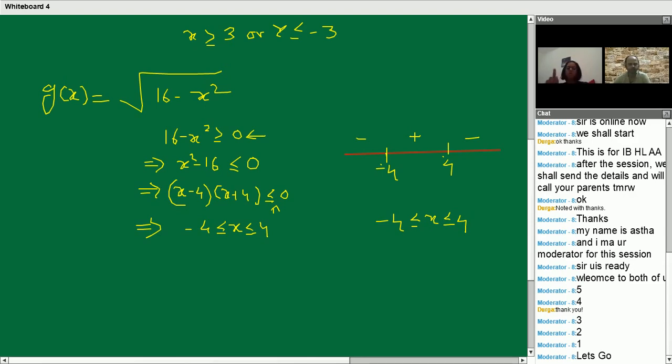It would just be x is part of open square bracket negative 4, comma 4 close square bracket. Perfect. We should use square brackets because all these are included.